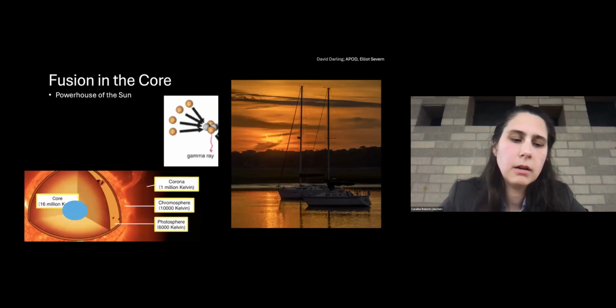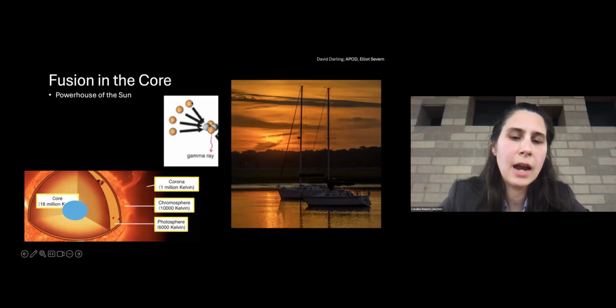In the very center of the sun, this layer that we call the core, gravity is so great that protons of hydrogen, protons are charged positive particles in atoms, and an atom with just one proton is named hydrogen.